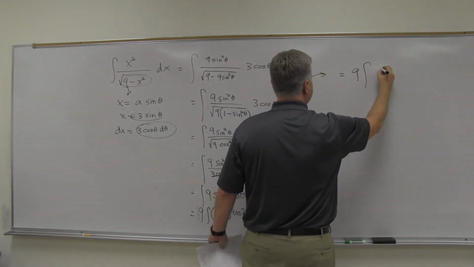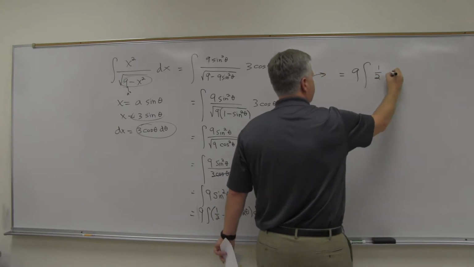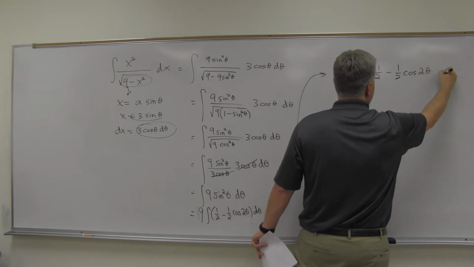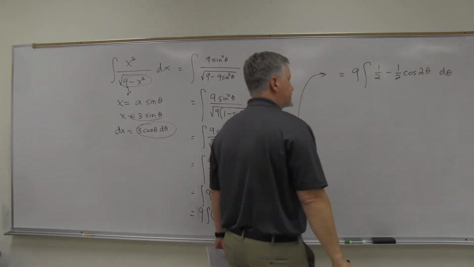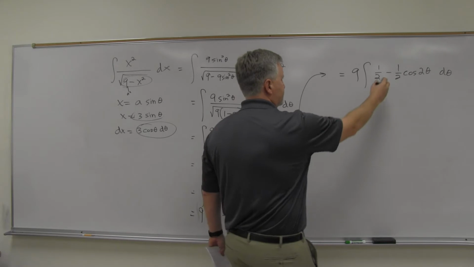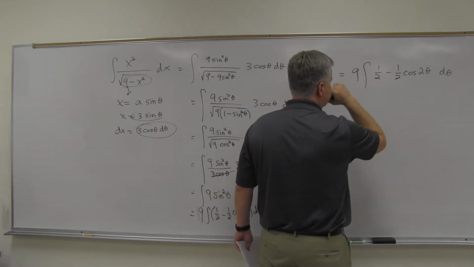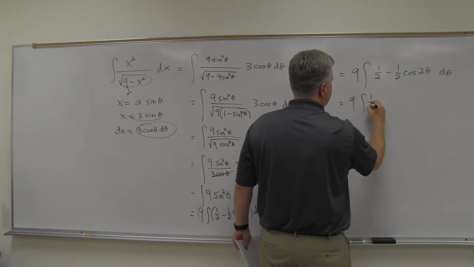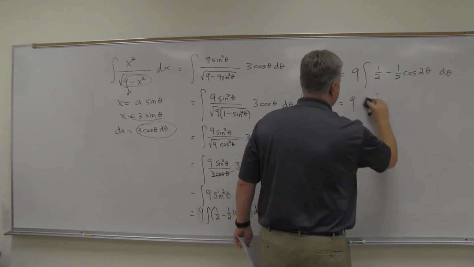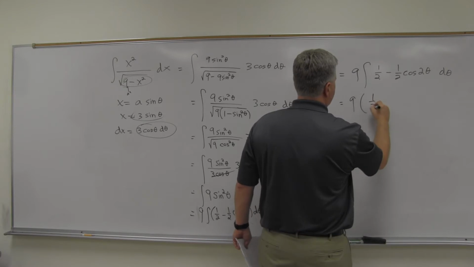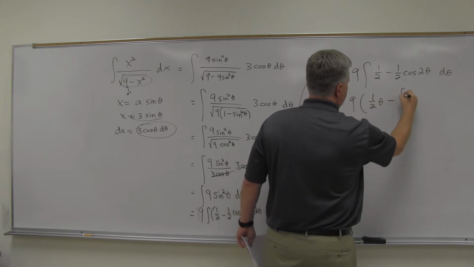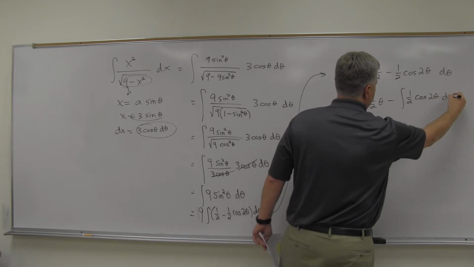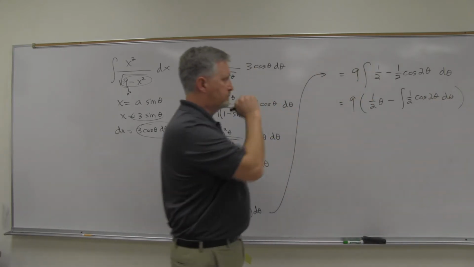You just copy there. So it's 9 times the integral of 1/2 minus 1/2 cosine 2 theta d theta. That first part is going to be real easy. It's just going to be 1/2 theta. But then I've got to deal with this minus 1/2 cosine 2 theta integral.